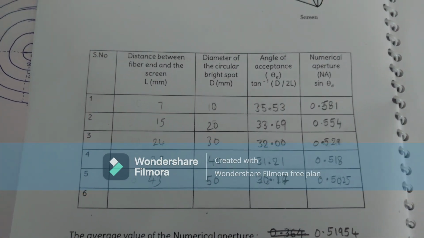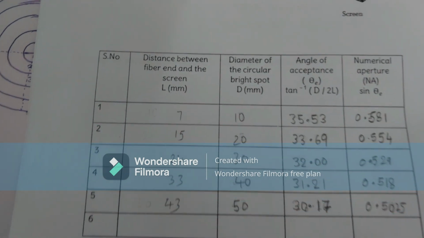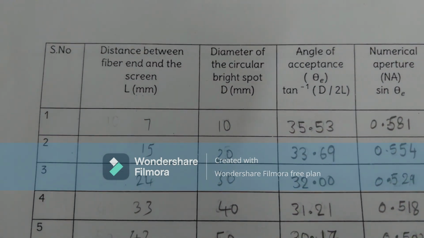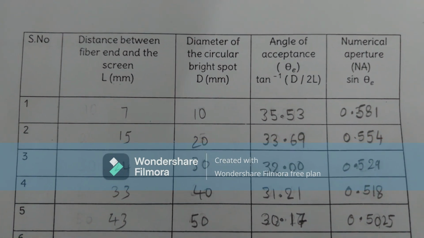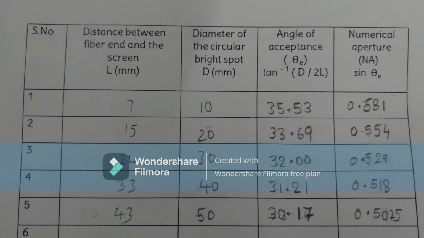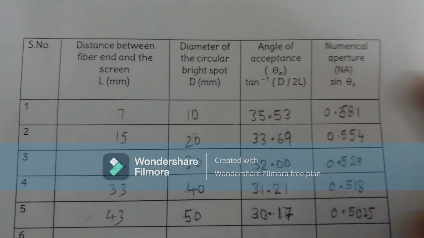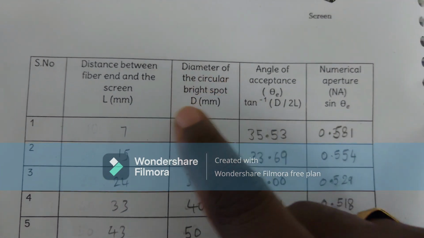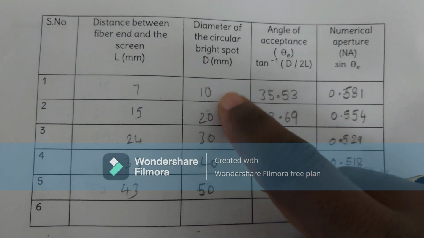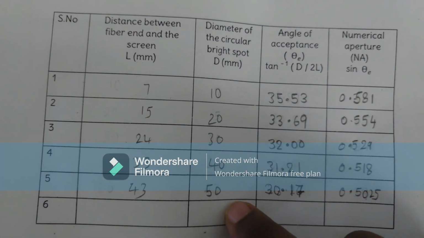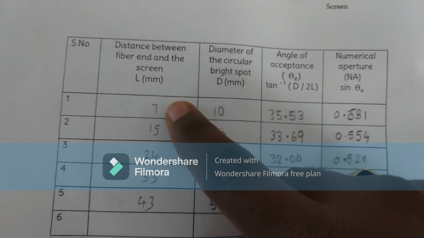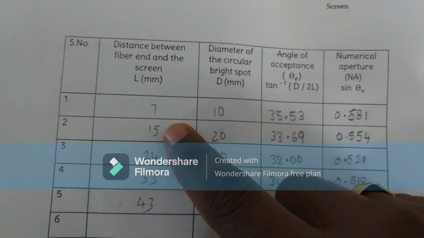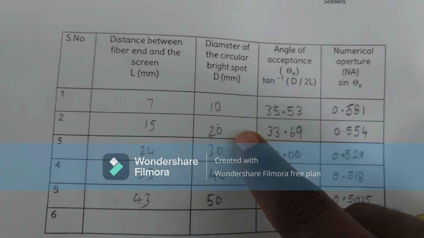The observed distance between the numerical aperture jig and the screen is to be noted in a corresponding observation table, which holds the distance between the fiber end and the screen, and the ring diameters, as we already said, 10, 20, 30, 40 and 50. So distances must be measured in units of millimeters because the ring diameters are in millimeters.